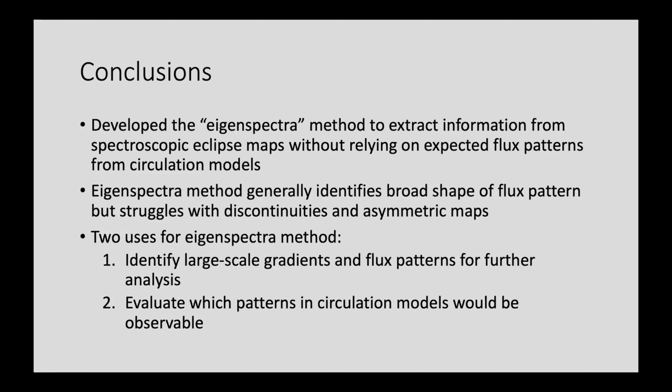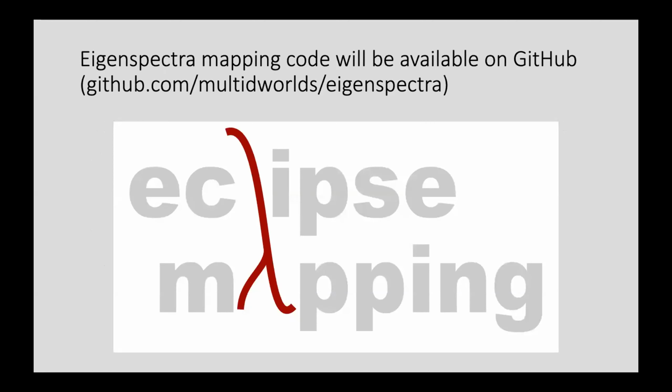So finally, just quickly before I end, I wanted to mention that this code is intended to be a fully open source thing that anyone could use for interpreting their spectroscopic eclipse mapping observations. It is going to be available on GitHub. It is currently on GitHub right now, but I would strongly recommend that you don't download it yet because there's very little documentation or instructions and it's probably going to be very confusing.